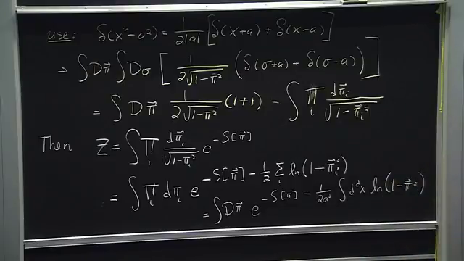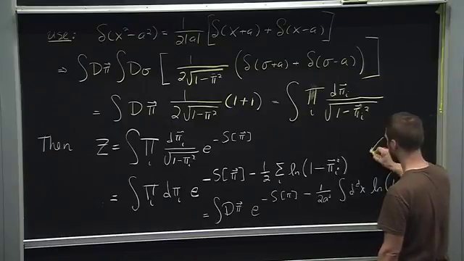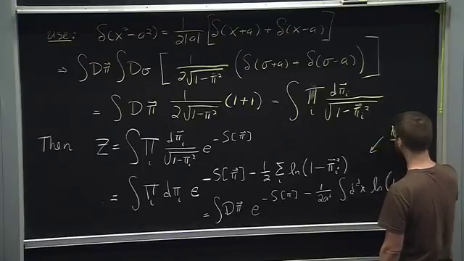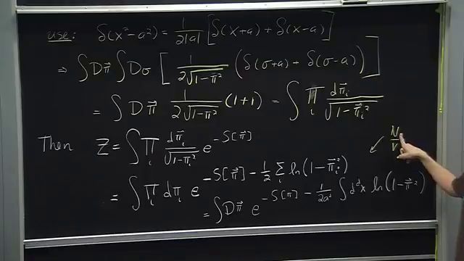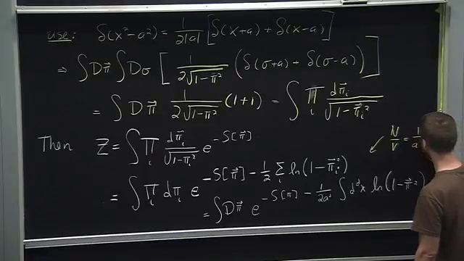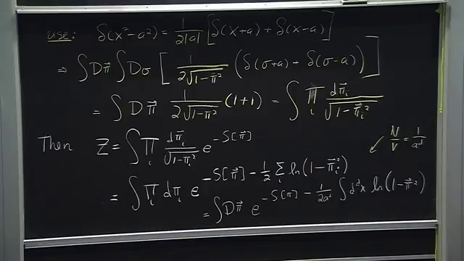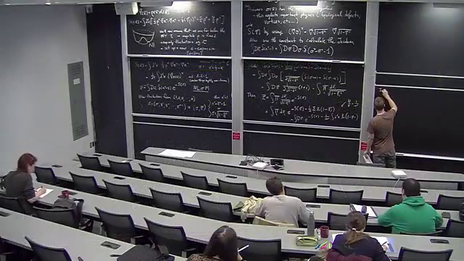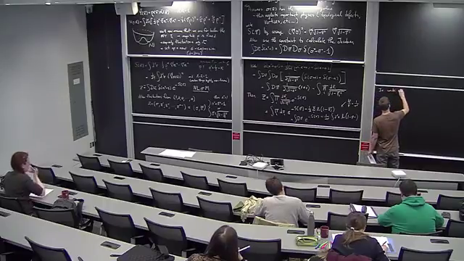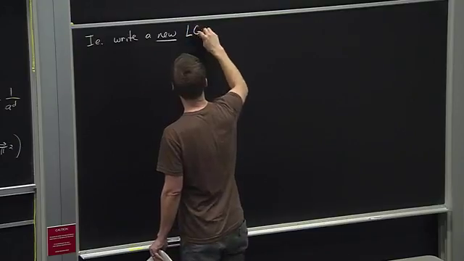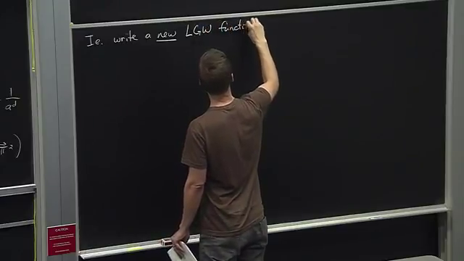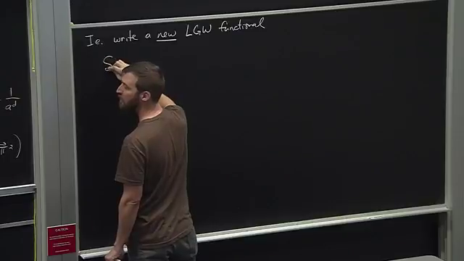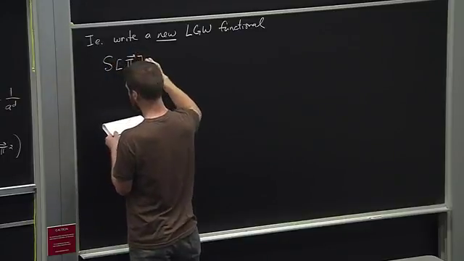So that a to the d, remember changing sum to an integral, it's just n over V. That's the number of lattice points. That's the total volume. So those two pieces, I can rewrite as a new Landau functional, which is just S. Let's call it S.